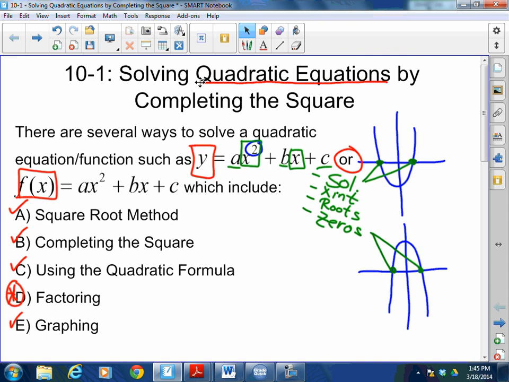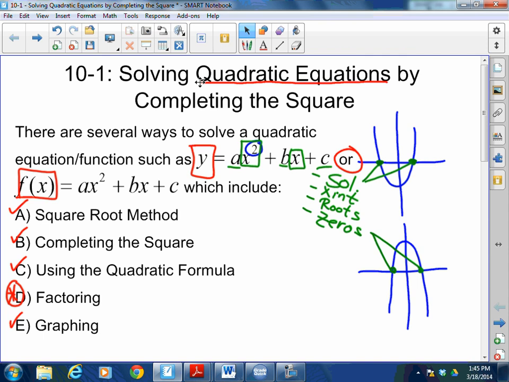When you solve a quadratic function, you are looking for the x-intercepts. That means you are setting y equal to 0 and you're solving for x. Pretty simple, right? Remember, those x-intercepts are called solutions, roots, or zeros.